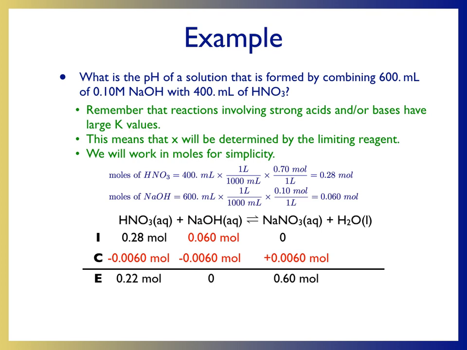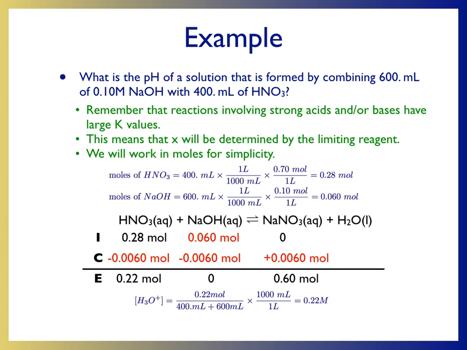We're now ready to calculate our pH, but we first need a hydronium ion concentration. To get this, we take the moles of HNO3 that will remain after the reaction and divide it by the total solution volume, which so happens to be 1 liter.